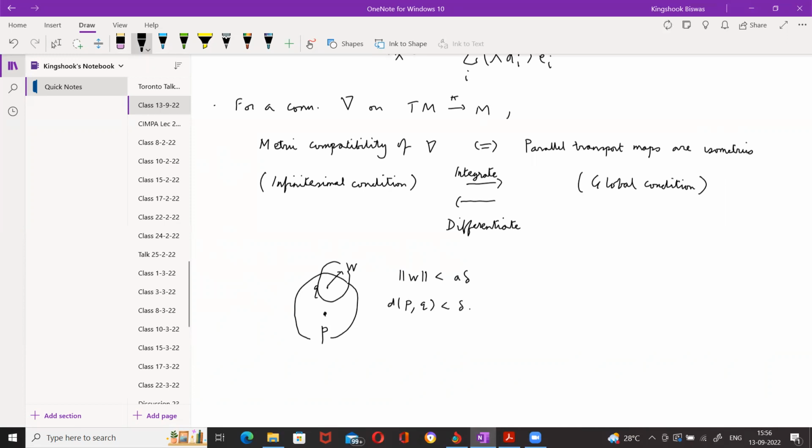Then if I take gamma such that gamma 0 equal to q and gamma prime 0 equal to w, gamma is a geodesic. Then gamma is defined on the interval minus 2 to 2.